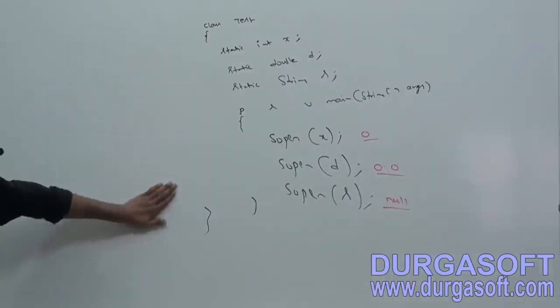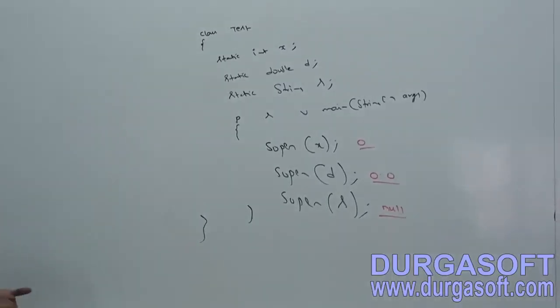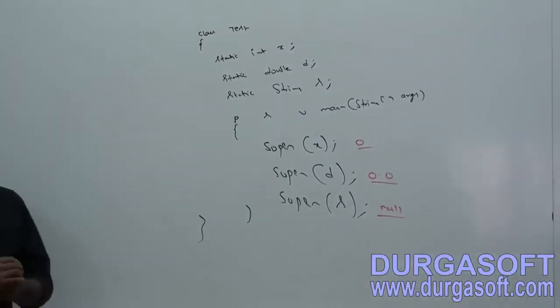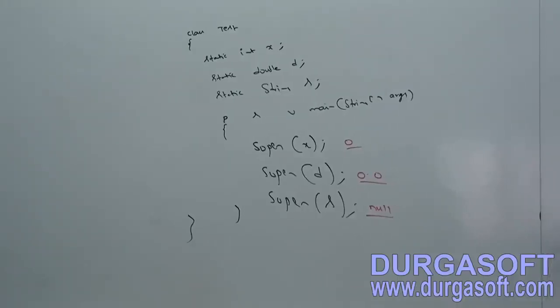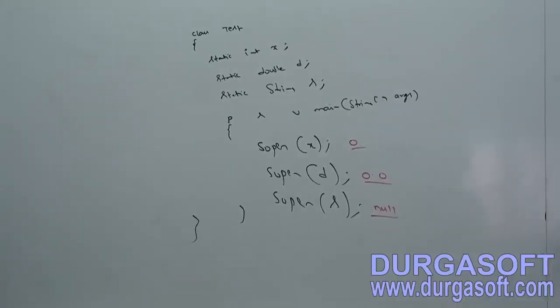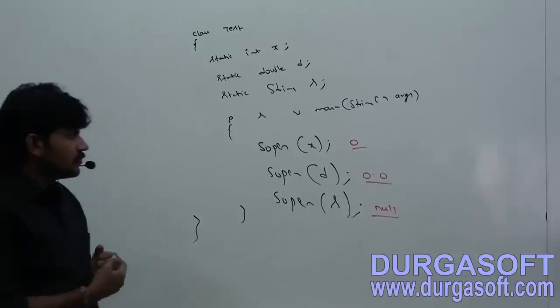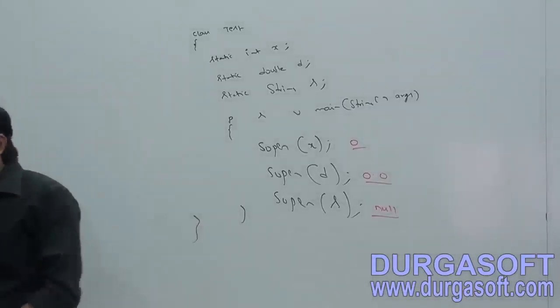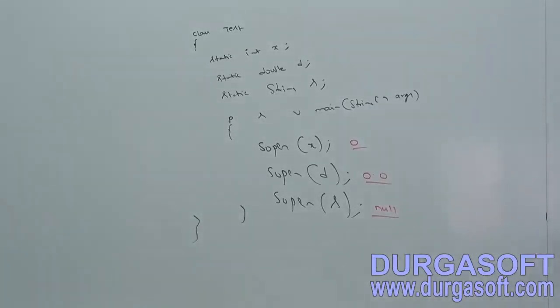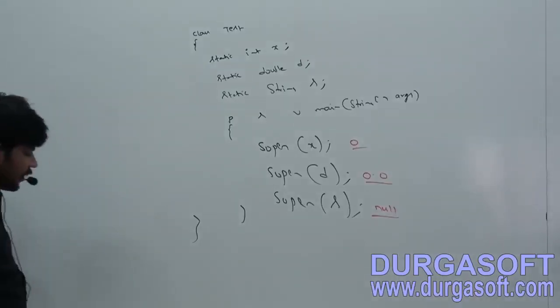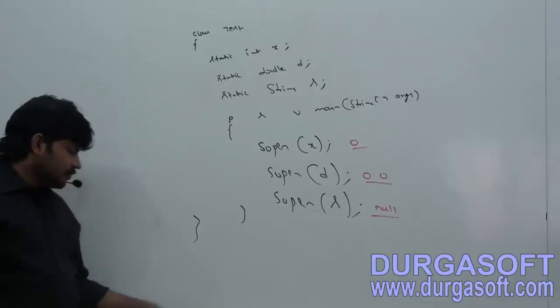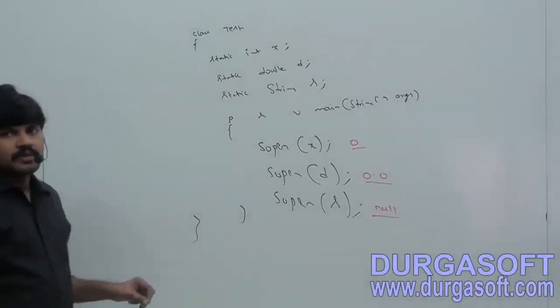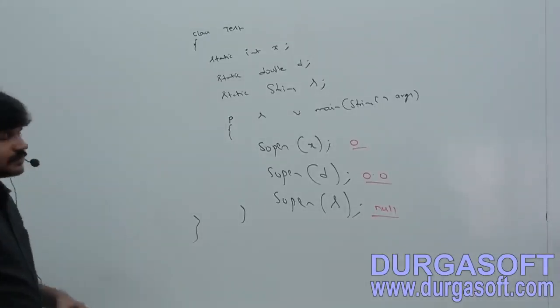Class Test: static int x, static double d. JVM will provide default values, and we are not required to perform initialization explicitly. That's all. Completed, right?